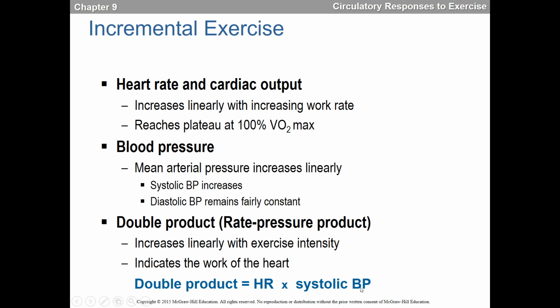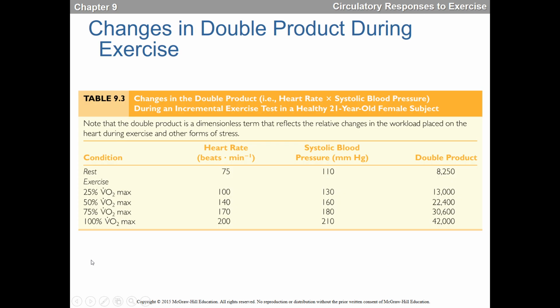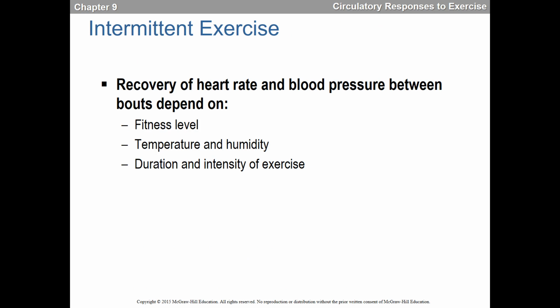Because systolic blood pressure is the highest pressure, and heart rate is the number of times that it has to experience the highest pressure. So that's going to tell us quite a bit about what's going on with all of that. So here is some relatively interesting stuff going on with the rate pressure product. You can call it the double product if you want to. I first learned it as the rate pressure product.